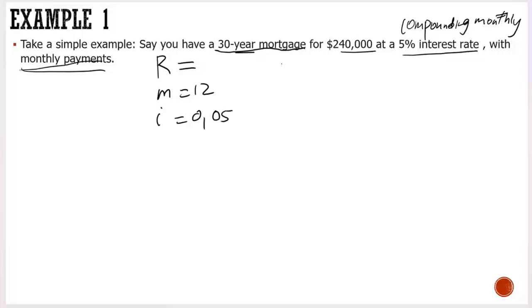So to get your schedule, you are going to have principal paid, and then you're going to have principal at month end.